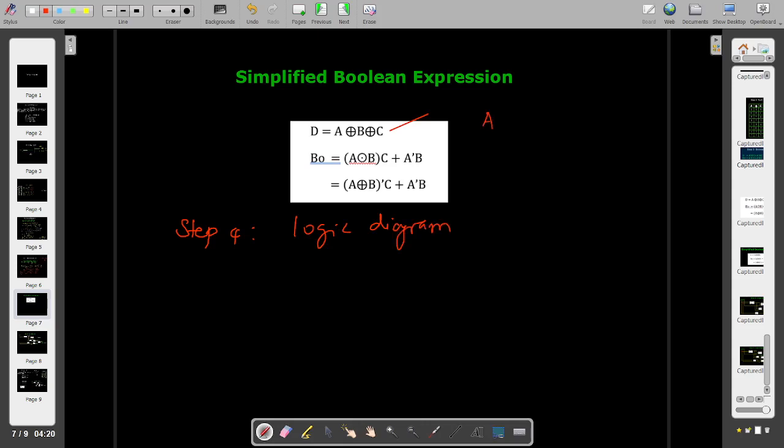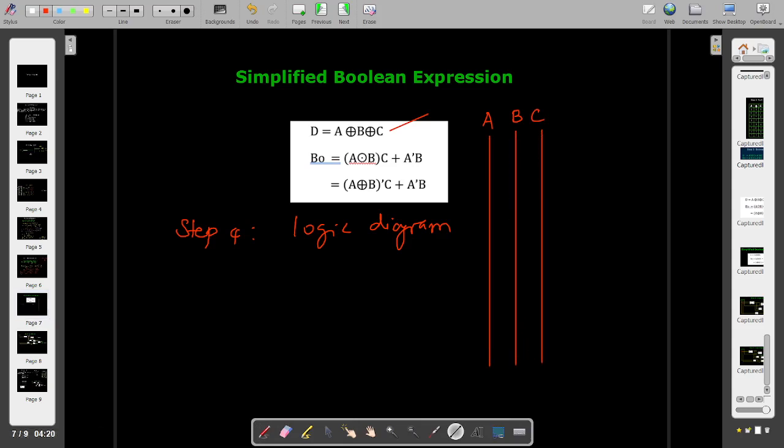So we have three inputs A, B, C. For that you can take three input lines. And then I'm taking the connection from here A and then B. So these two are given to an XOR gate.